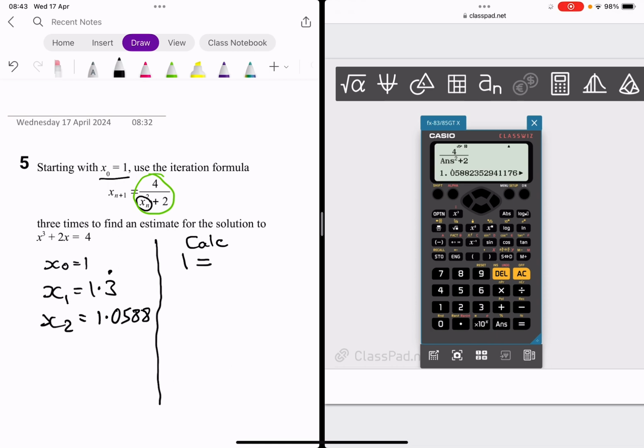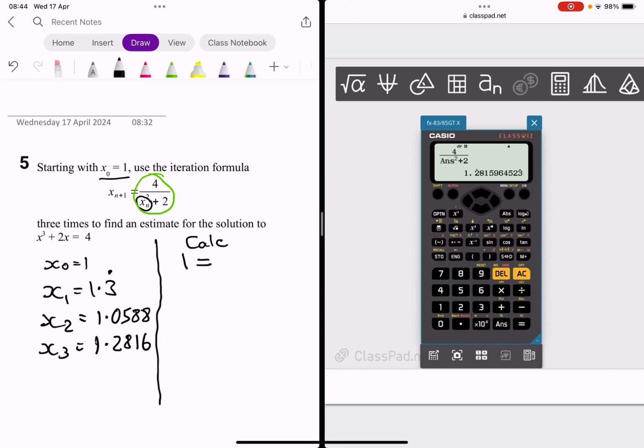Because I've still got that formula in there, if I now put in x to the 3 and press equals, it changes the value again, and that is 1.2816 to 4 decimal places. Okay, now this question says use the iteration formula 3 times to find an estimate for the solution to x cubed plus 2.